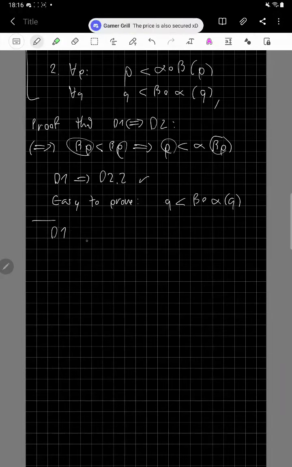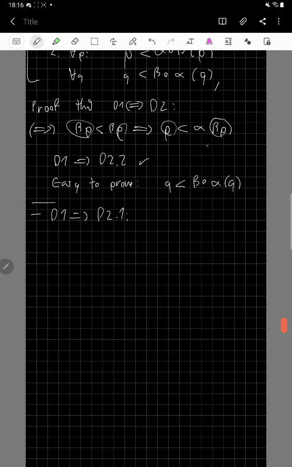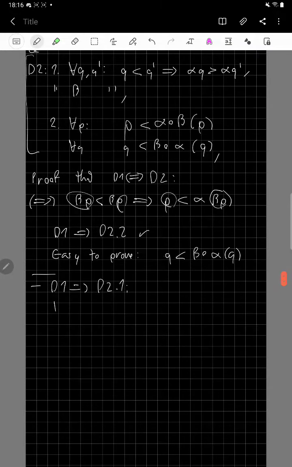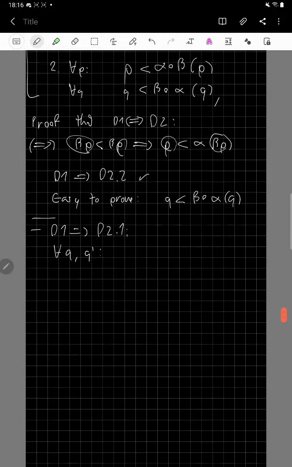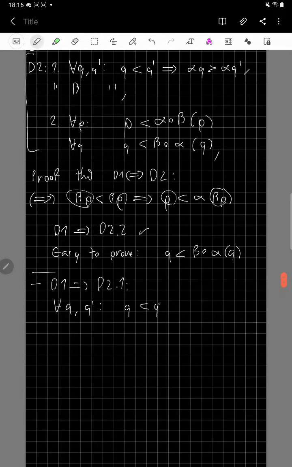Let's prove that definition 1 implies the property 1 of definition 2. Now this is useful. Remember that we have P, alpha, beta, P. We know this is true. But our starting point in property 1 is, for all Q and Q prime, we have that Q is smaller than Q prime.